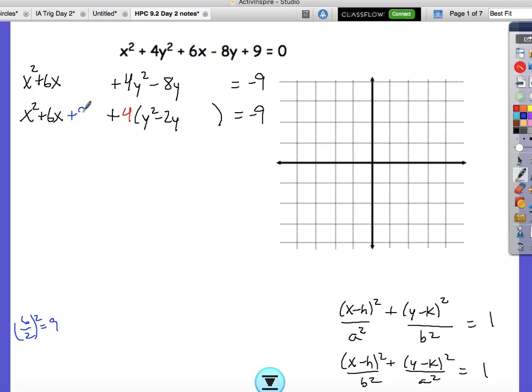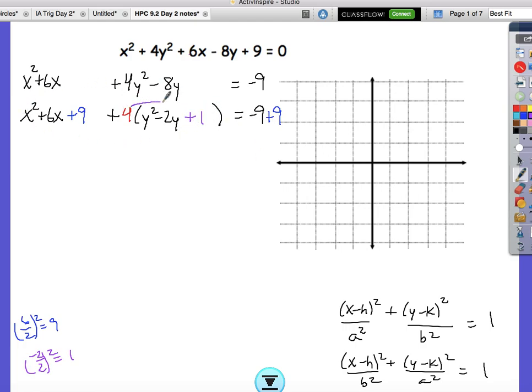That completes this square. But whatever I add to one side, I have to add to the other side. And then over here, I'll do purple, maybe. I would take this negative 2 divided by 2, square it. I'm going to get negative 1 squared, which is 1. Now, here's where you need to be very careful. I altered the left side, not by 1.